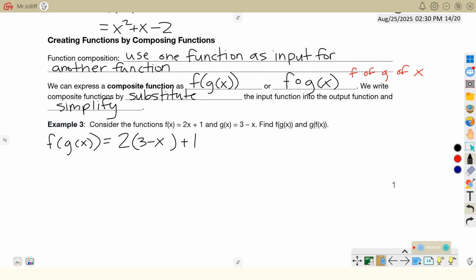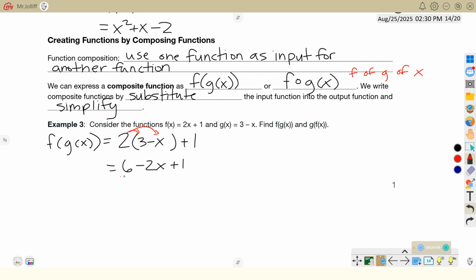I know you guys know how to do that. If I wanted to simplify, what's the first thing I should do? Starts with a D. Distribute, yeah. Distribute that 2 through. 2 times 3 is 6. 2 times negative x is negative 2x. Jordan, what's my last step? Very good.